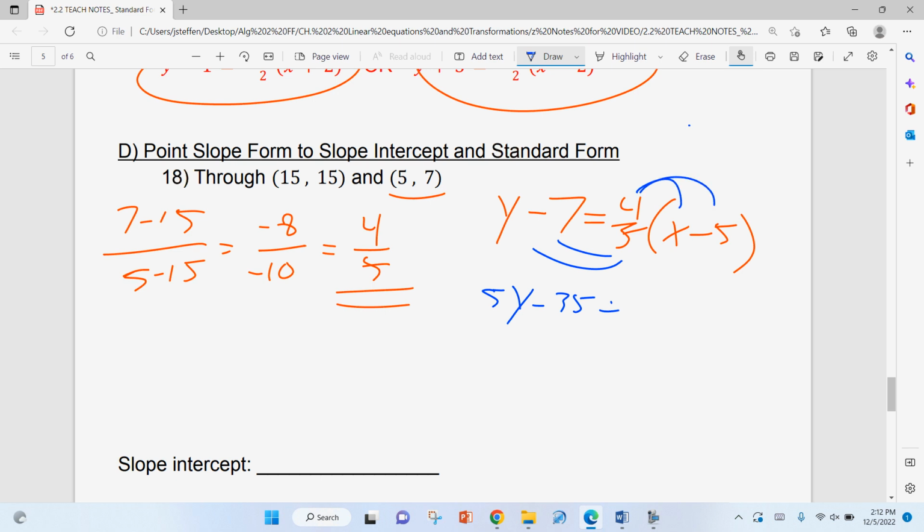Distribute my top to the right. 4x minus 20. So you do the same thing, whether it's in standard form or slope intercept form. That's the way I would start it. Now, in standard form, I'm going to go ahead and add the 35, which you would have done anyways, in slope intercept.